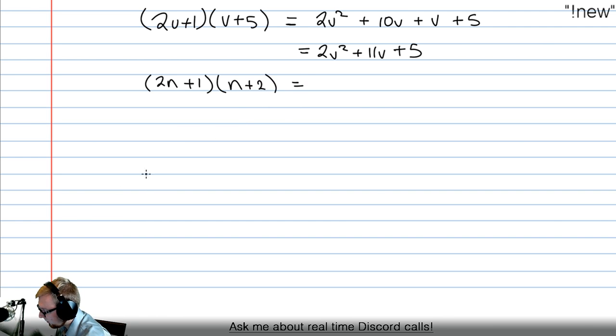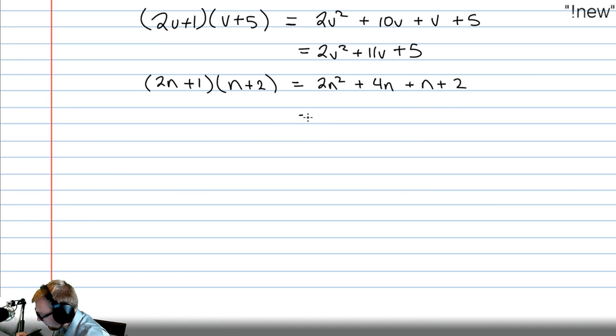What is the answer in foil? 2n squared plus, let's see, 2n, or 4n, plus 1n plus 2. So you get 2n squared plus 5n plus 2. You're done. That's right.